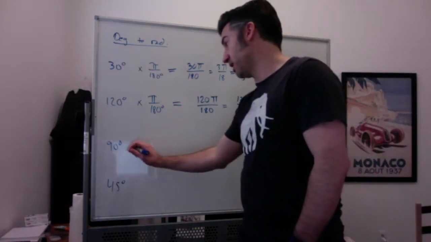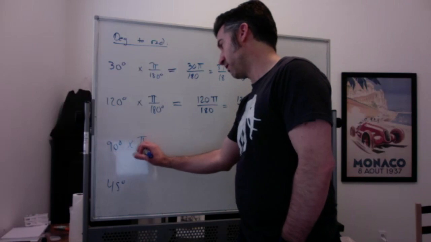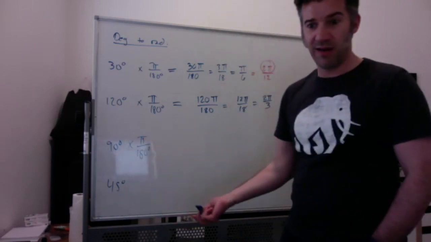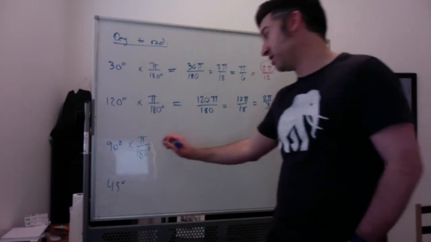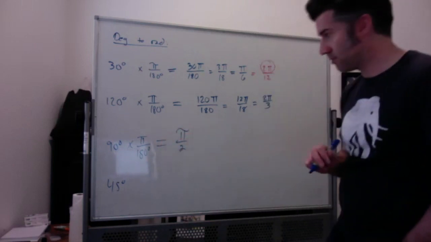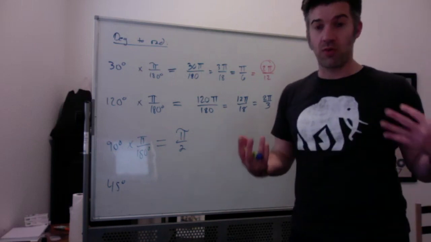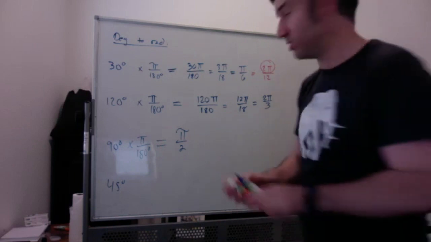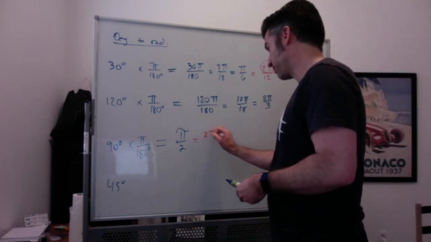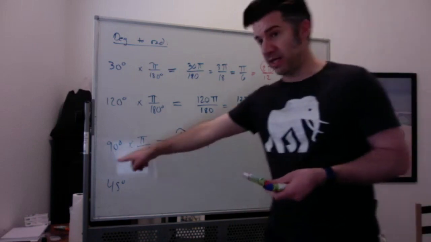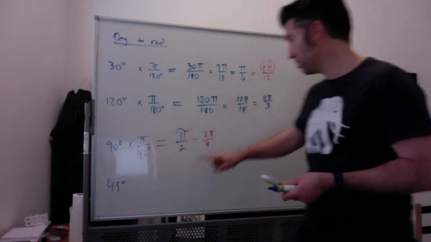So a couple more. This 90 degrees should be very easy to see, right? 90 over 180, I'm going to get a 2 in the denominator, right? This is going to reduce to just pi over 2, which is a quarter of a revolution, right? This is equal to 2 pi over 4. 90 degrees is a quarter of 360.